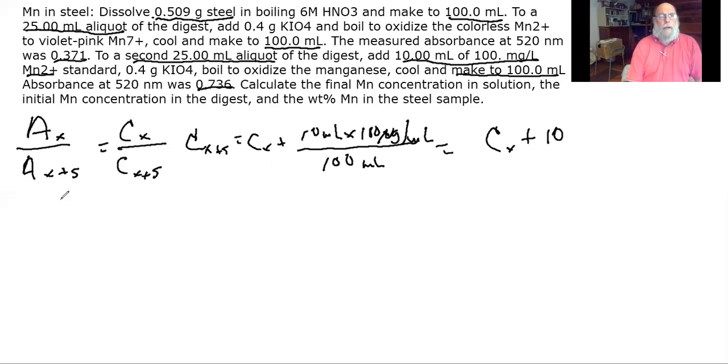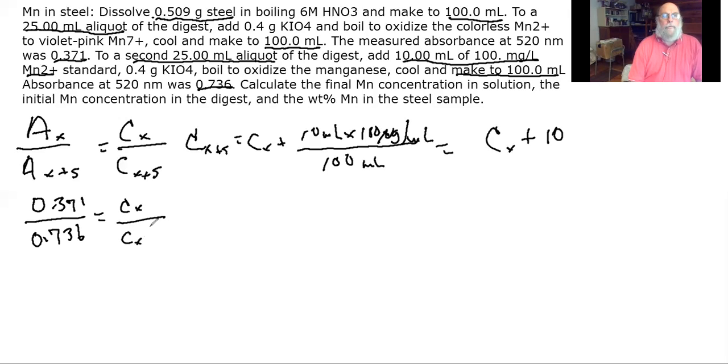So now we can plug in our numbers here. We got 0.371 is to 0.736 as Cx is to Cx plus 10.